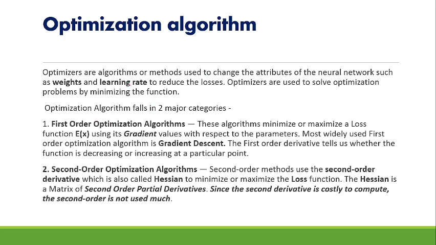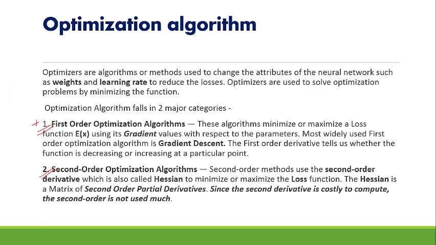In optimization algorithms we have two kinds: first order optimization algorithms and second order optimization algorithms. When in the optimization process we use the first order derivative, it is called a first order optimization algorithm, and when the second order derivative is used, it is called a second order optimization algorithm.